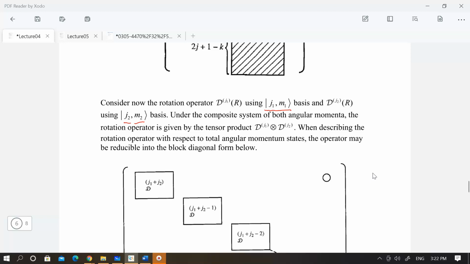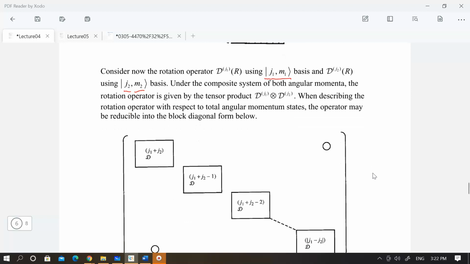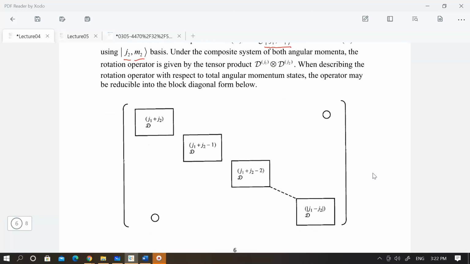Okay, so you can go to the coupled representation and then you find out that the product of these two rotation operators will, under suitable basis change, be transformed into this block diagonal kind of rotation operator.